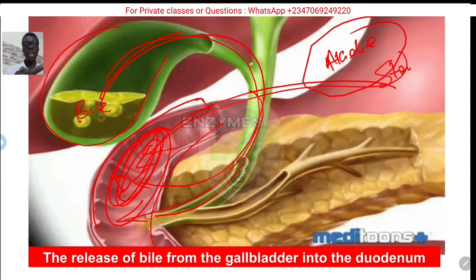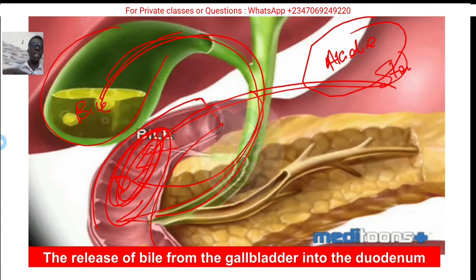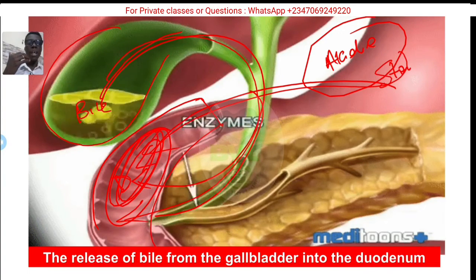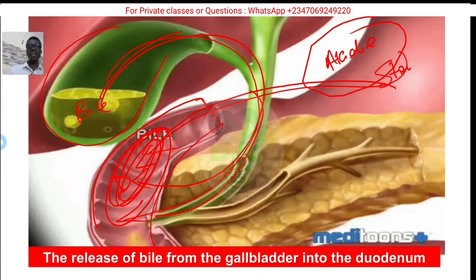Why will it do that? Because the enzymes that want to work on the food at that point cannot work on content that has too much acid in it. So that's why bile helps to reduce the acidity.